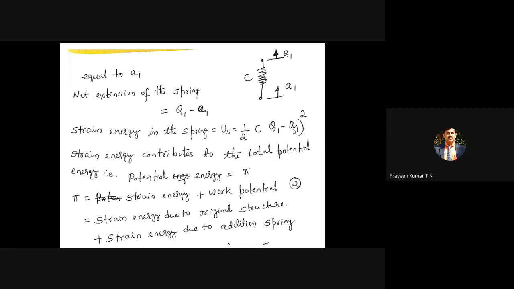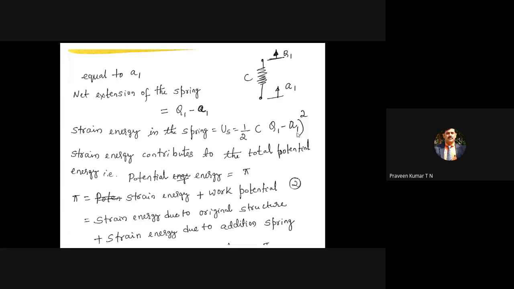The general formula is that strain energy stored in the spring is half kx squared. In this case, the stiffness of the spring is C, and the net deformation of the spring is q1 minus a1.